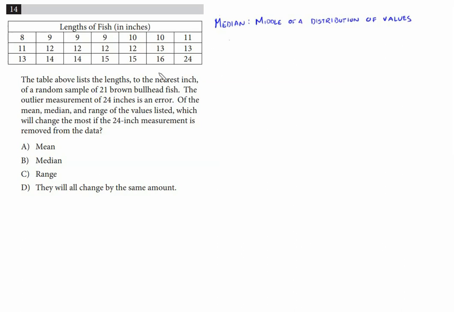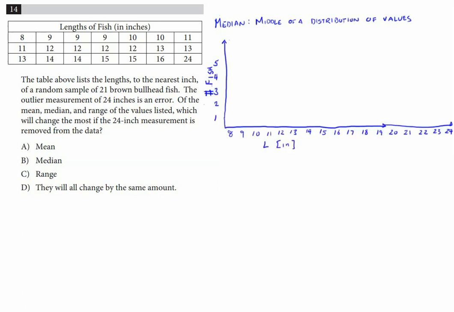Well, if we take all the values in this table and put them on a histogram, we would set it up something like this. You would draw your x and y axis and put the number of inches on the x-axis, and on the y-axis the number of fish that have each of these measurements. And the data would look something like this.